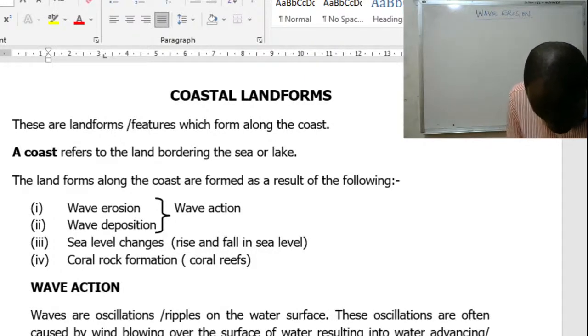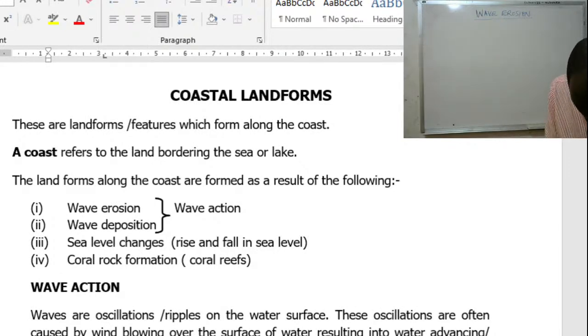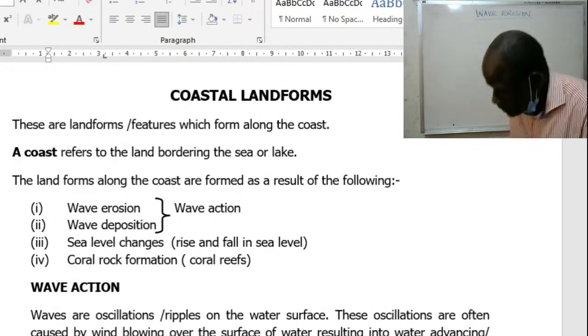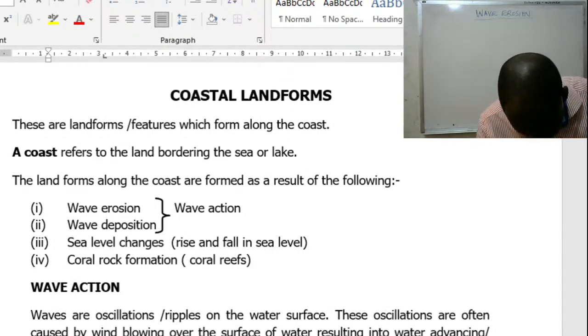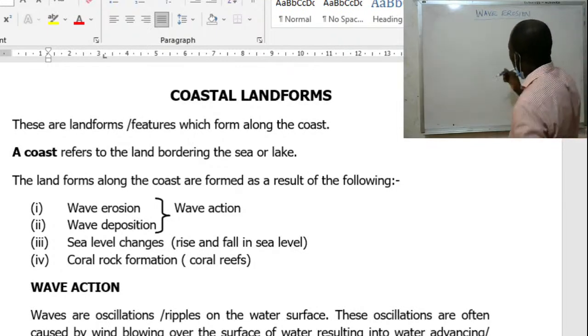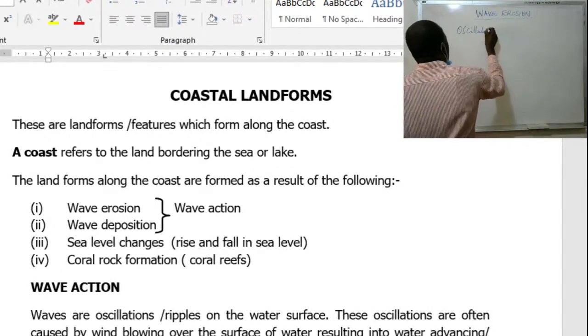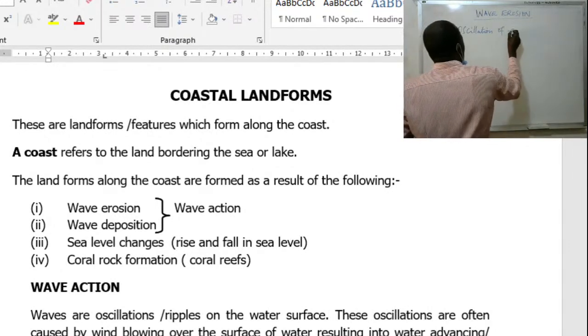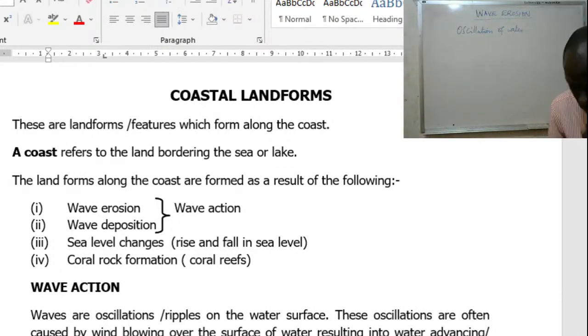But before we go into the details of this action of waves, which is called wave erosion, we need to understand what a wave is. A wave is an oscillation of water. To oscillate means to move up and down.